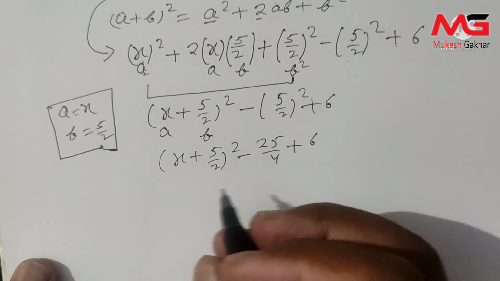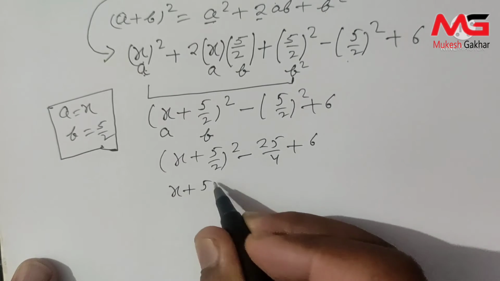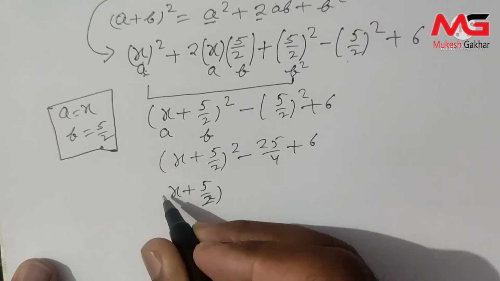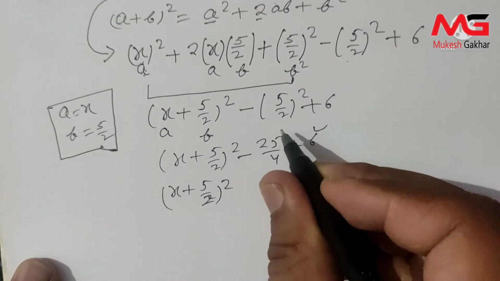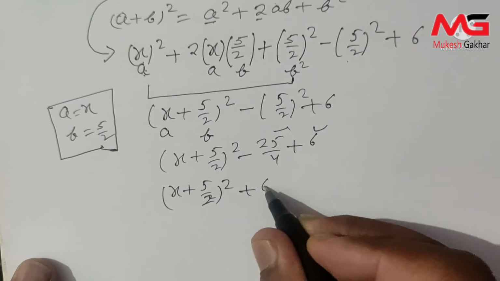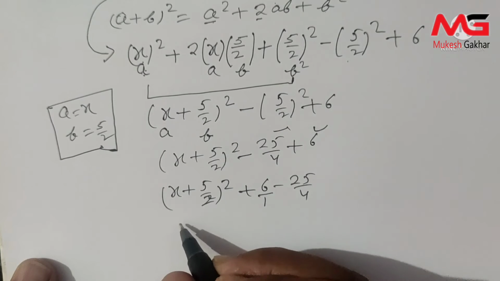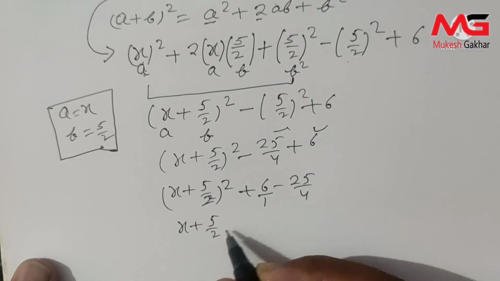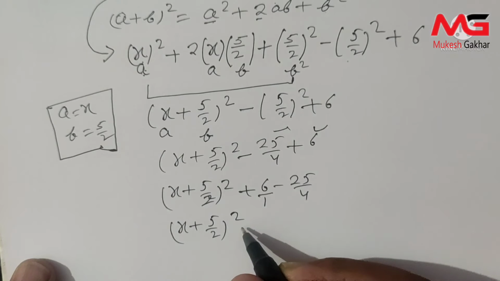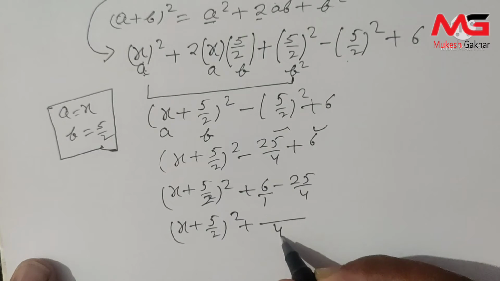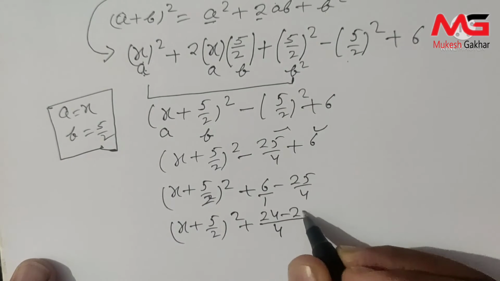You can write this equation as (x + 5/2) whole square, plus 6 minus 25 by 4. You can take the LCM. (x + 5/2) whole square, it will be plus 24 minus 25.